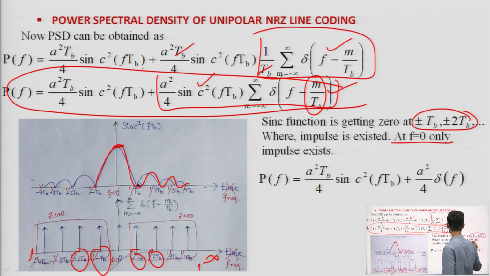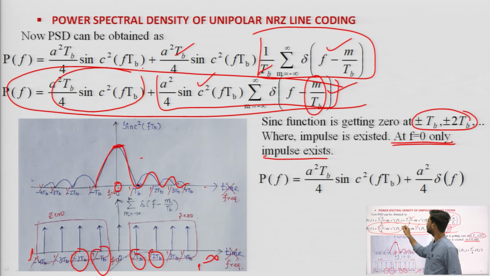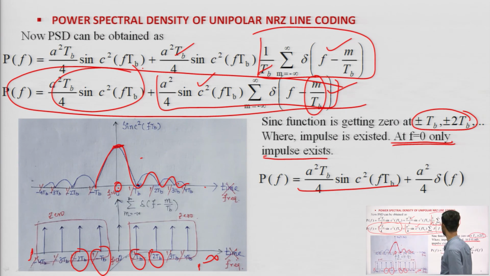At f equal to 0 only the impulse exists, okay. Here these are 0 points, and at the 0 point only this has a high value, but at f equal to 0 only the impulse exists. So after multiplying, this term is the same, but after this I will multiply by A square by 4, okay.